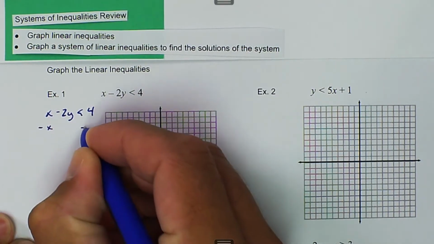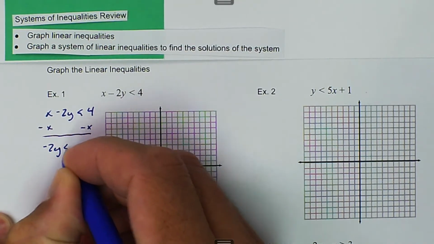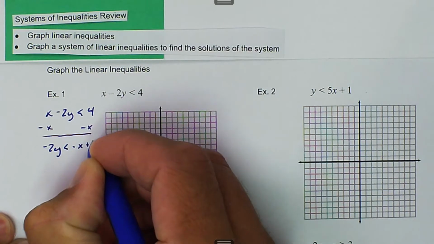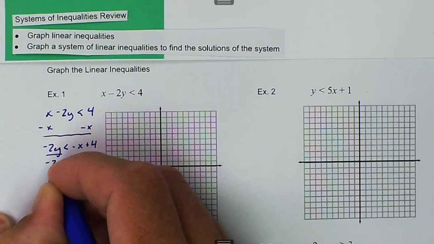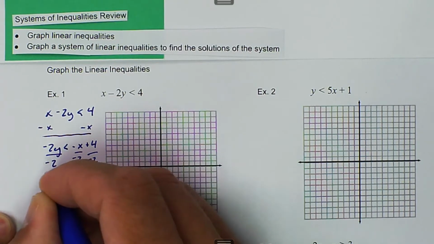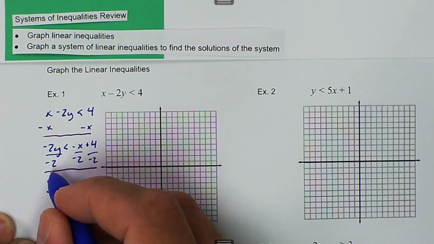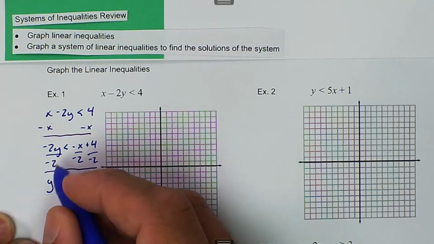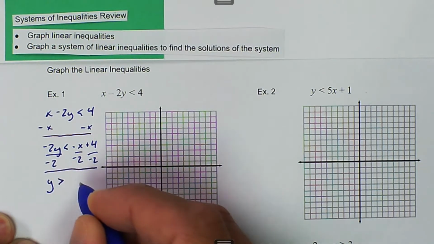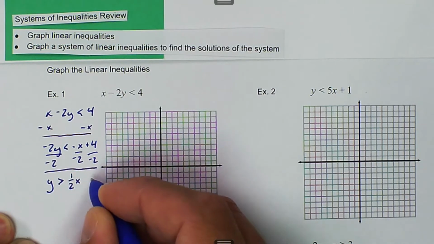So we can subtract x, and then we get negative 2y is less than negative x plus 4. And divide by negative 2. And then we get y, we divided by a negative 2, so we have to change the direction of the inequality. So y is greater than 1/2 x minus 2.